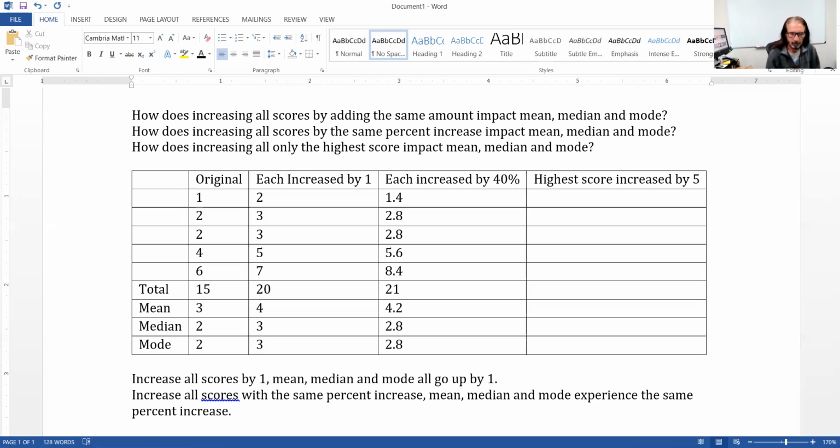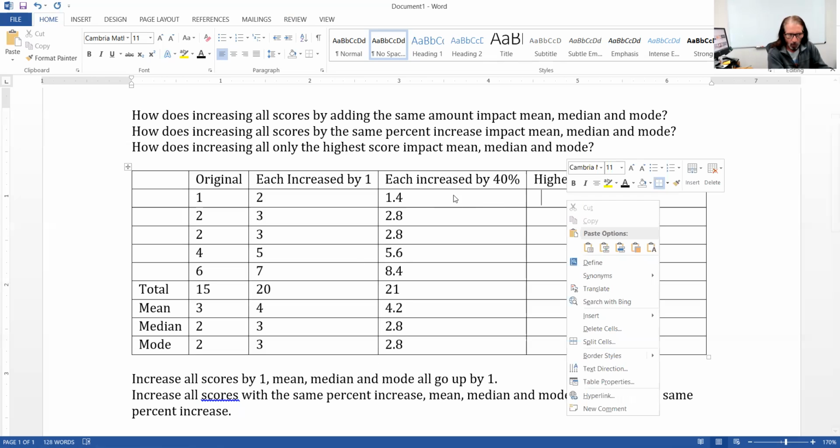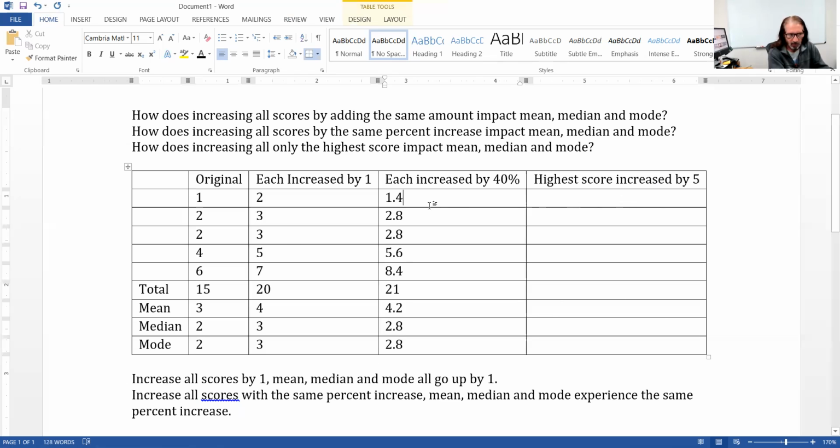It wouldn't matter. Now, if the only change to the original was to add a certain amount, in this case 5, to only the highest score, we're still going to have 1, 2, 2, 4, and 6, but my highest score will be 11. And the new total is going to be 20.